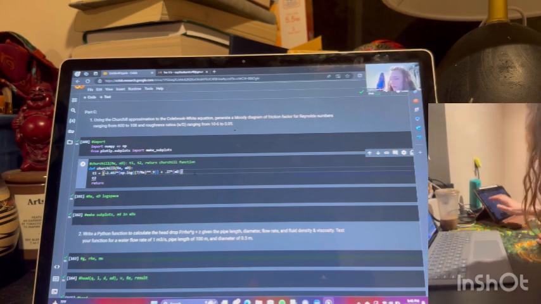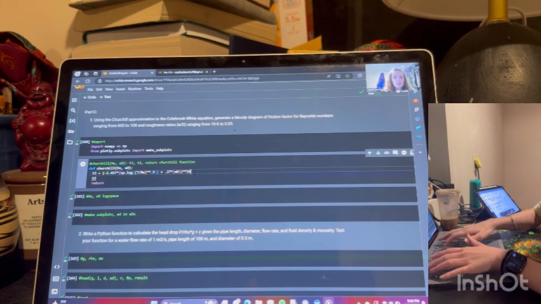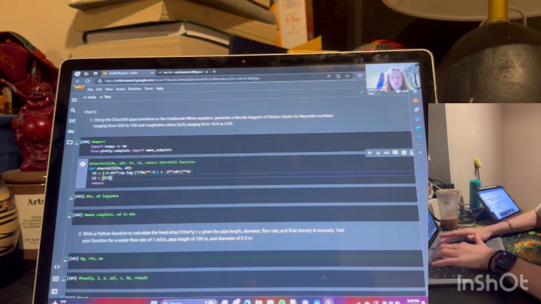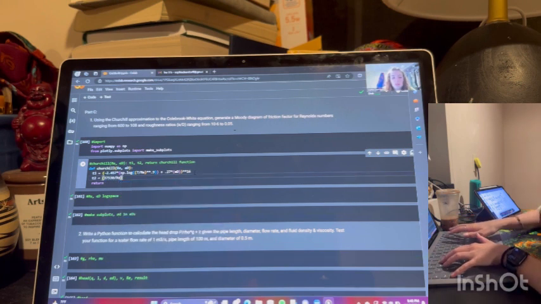I have one too many parentheses. And then that's going to be to the 16th power. And then our theta 2 is a little bit shorter, 37530 divided by RE to the 16th as well.